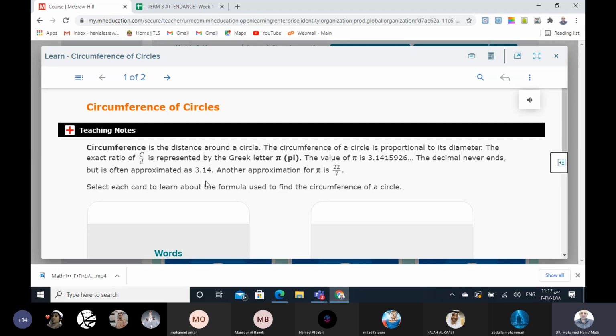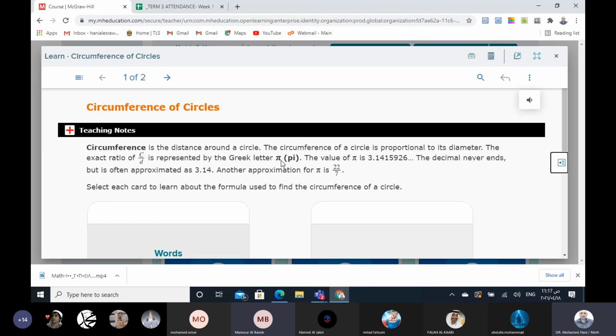Another approximation for pi is 22 over 7. Divide 22 by 7 and tell me your answer. It is 3.14, the same idea.